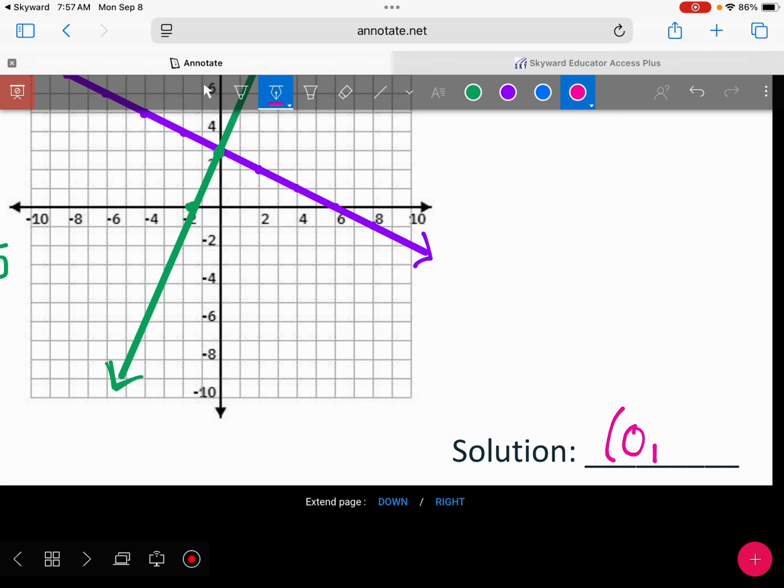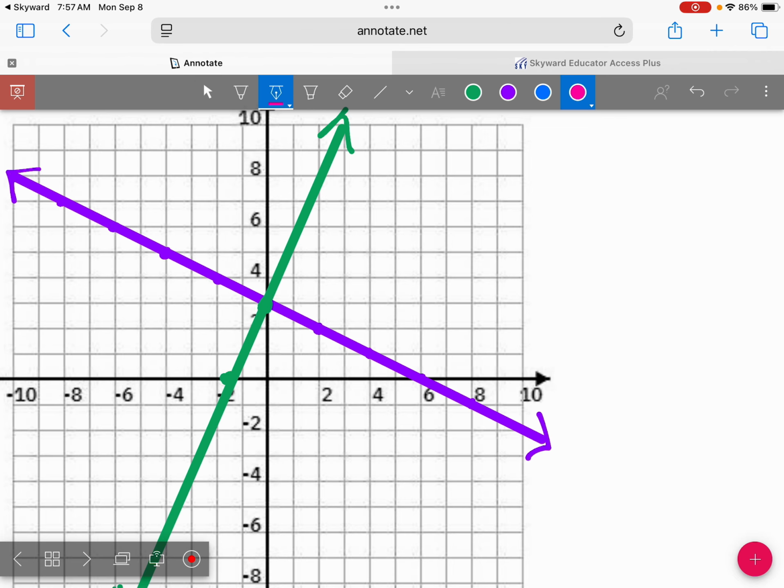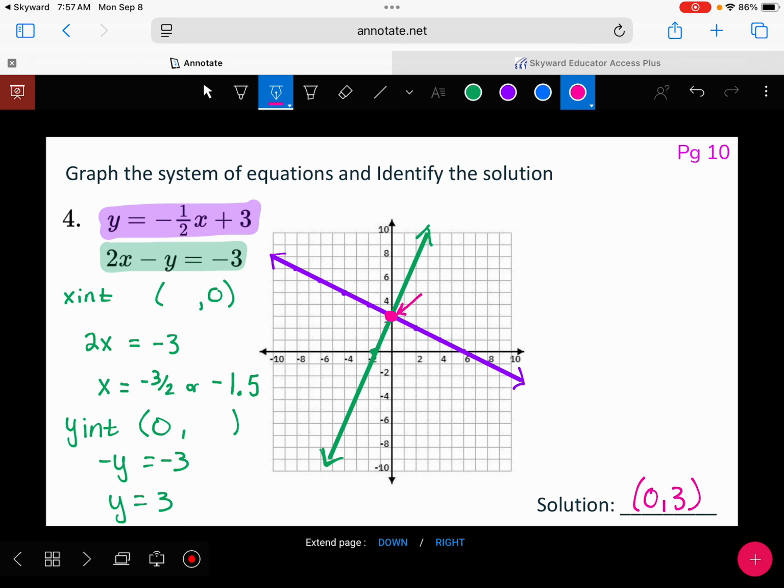It is the point where they cross. And in fact, it actually ends up being this y-intercept right there. Again, you don't have to do your standard form in x and y intercepts. It's just kind of set up that way.